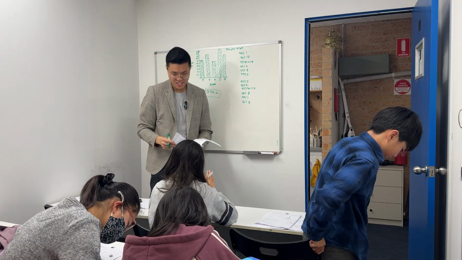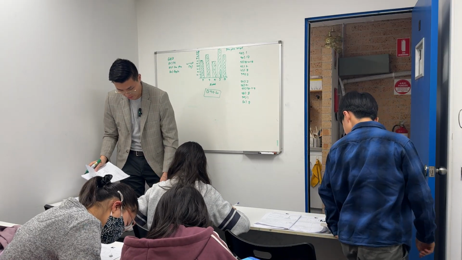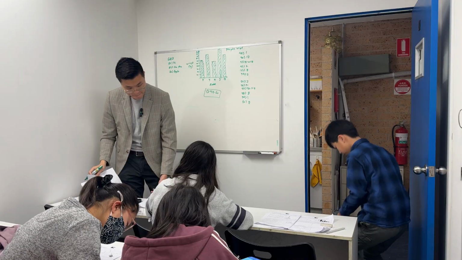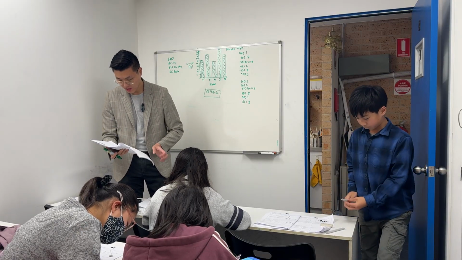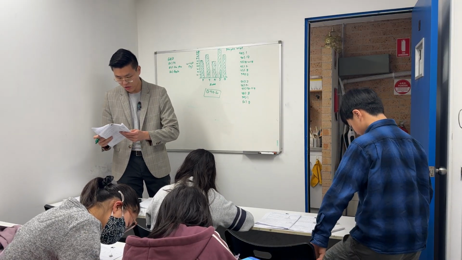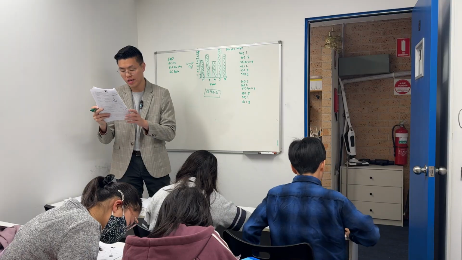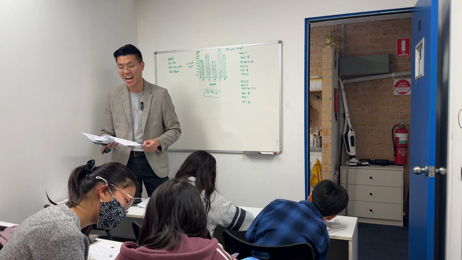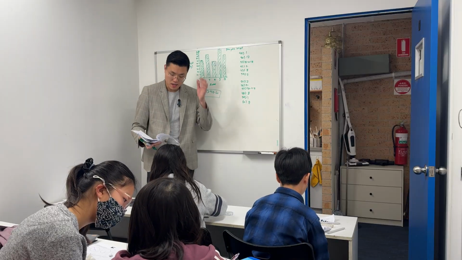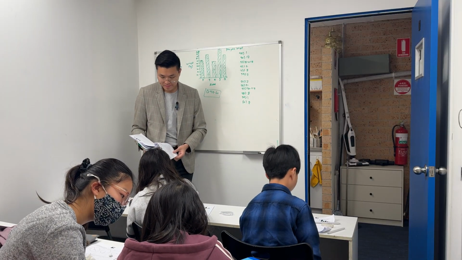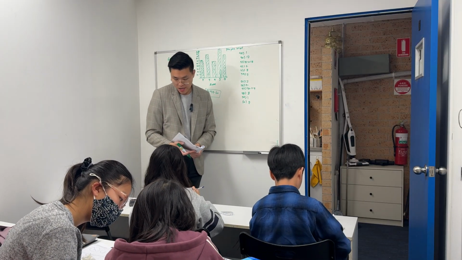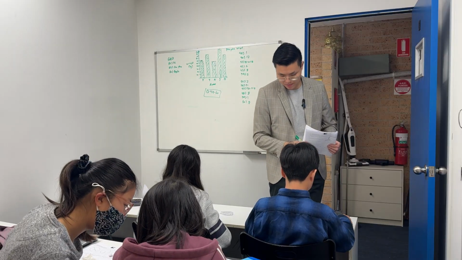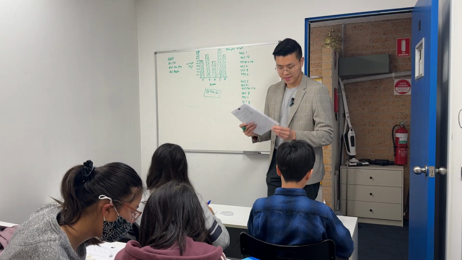So 65, 66. Wait, so do we do this one? No, don't do homework. So what I want you guys to do, all the homework questions are in here. Go up to question number 78. You circle 78 and show me you've circled it. 78.